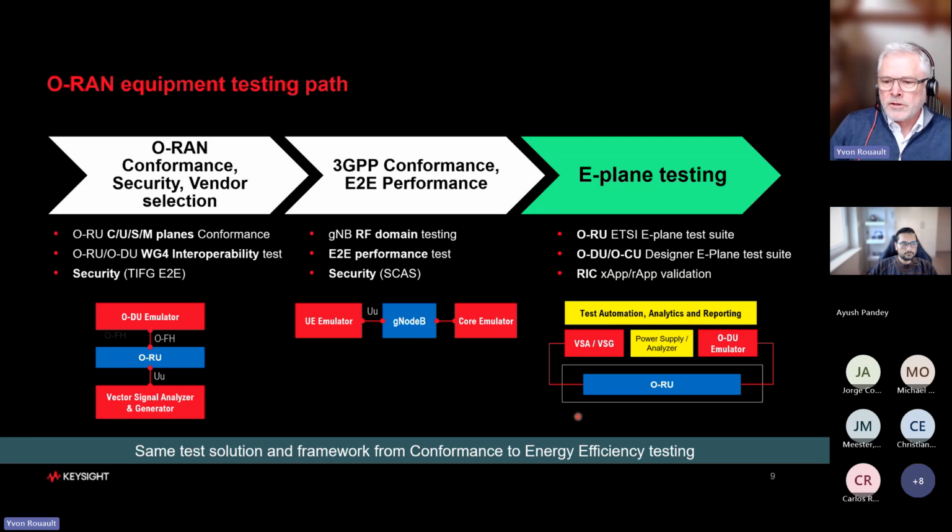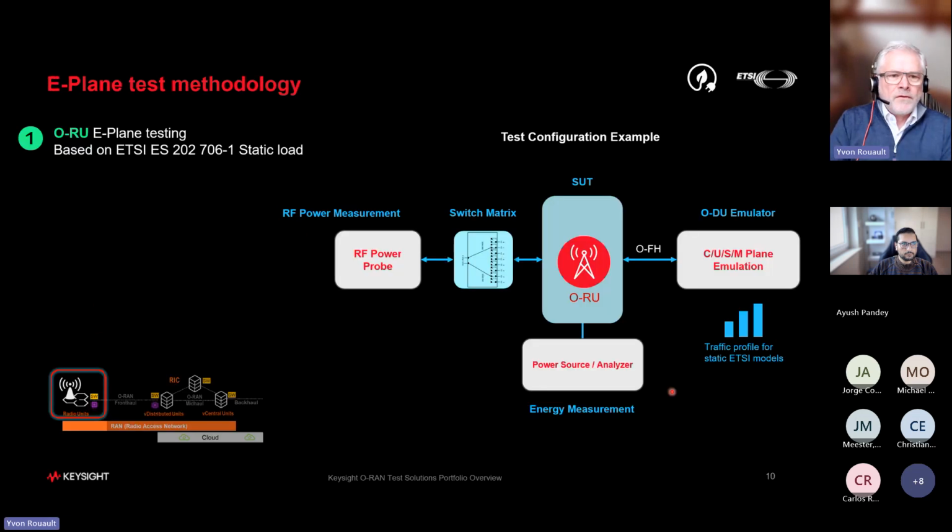Okay, here the illustration is just based on the RU, but it can be the same for the gNodeB level, the CU/DU level, or the RIC level. And I will show that later. So this continuity is the next step after what was classical in the test lab. So I will show three cases here. One is the RU, the radio unit, because it's a very special animal, dealing with the RF, dealing with layer one.